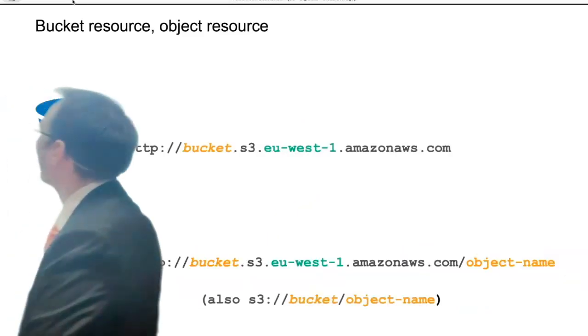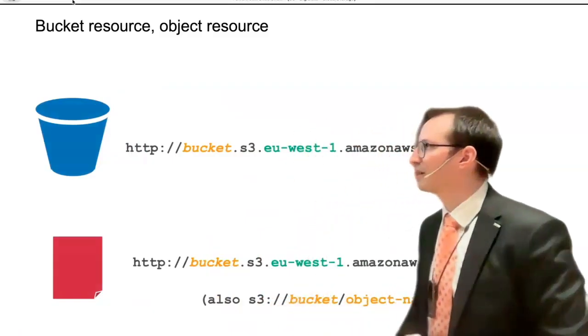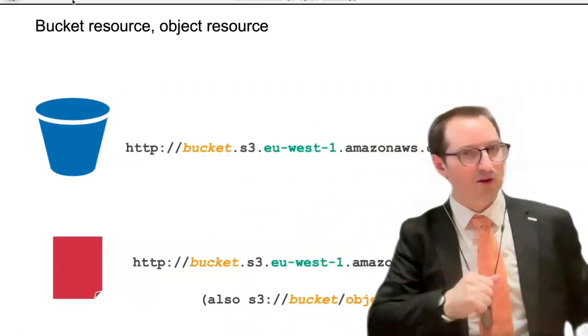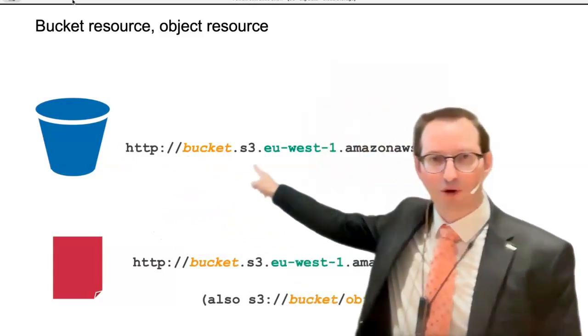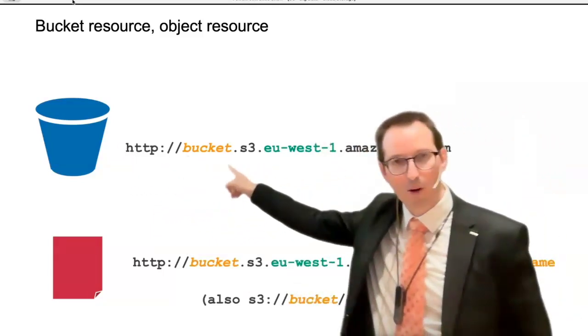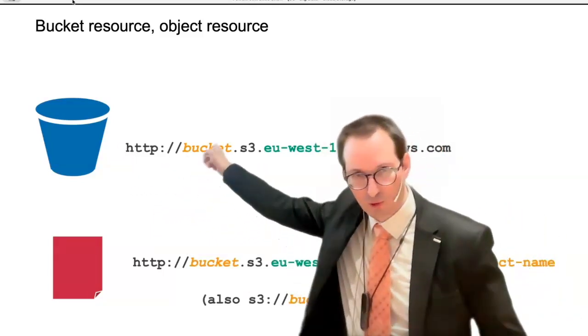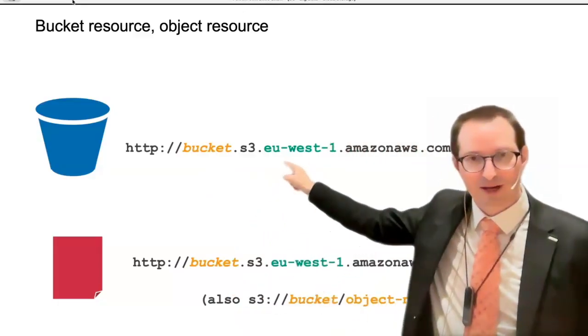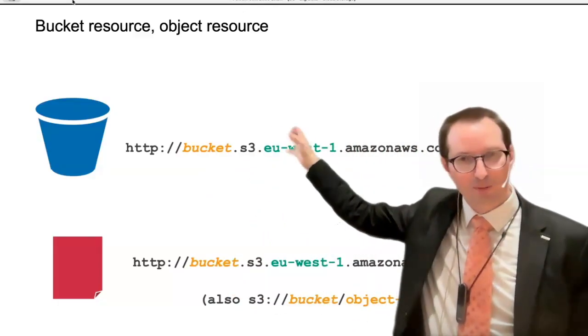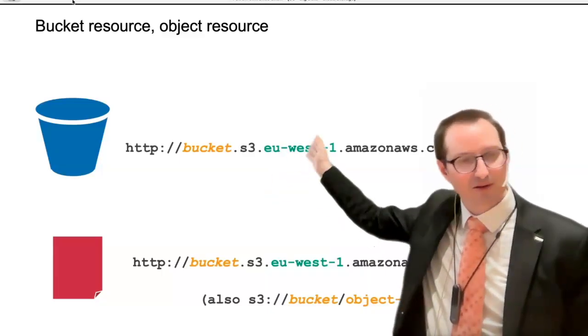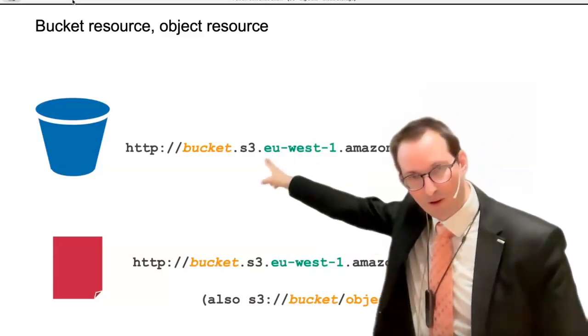Before I move to the second thing, the methods, in S3, if we think of S3 specifically, then this is an example of URI that identifies a bucket that has the name bucket. You just need to replace that with the name of the bucket ID. And this might also be the region, because you can have multiple regions, EU West, EU East, US, Asia, and so on.